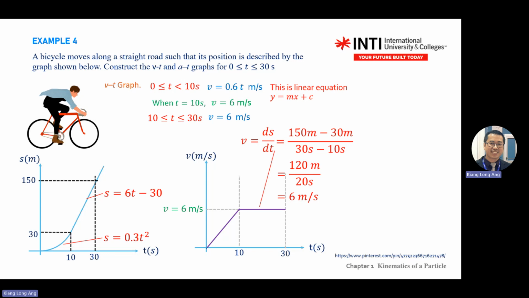If you use the graph method to get the gradient, y2 minus y1 divided by x2 minus x1, it's still the same, you get 6. But since you're at degree level already, you rarely use this method anymore. You use differentiation straight away. Okay.